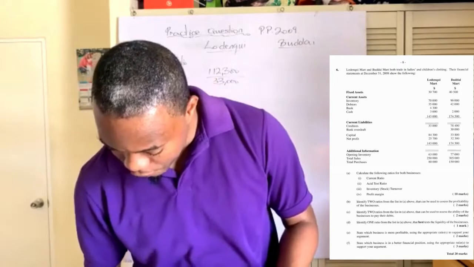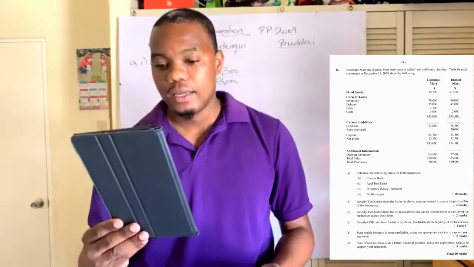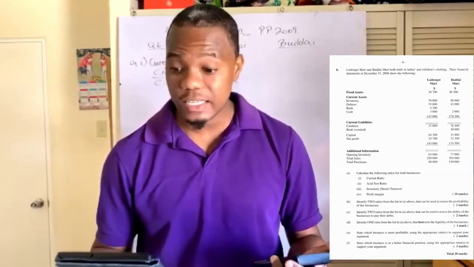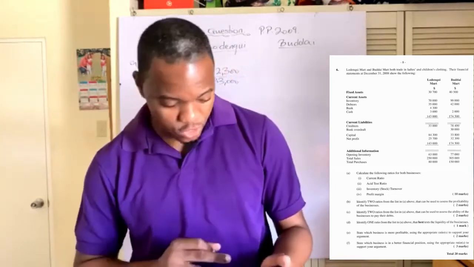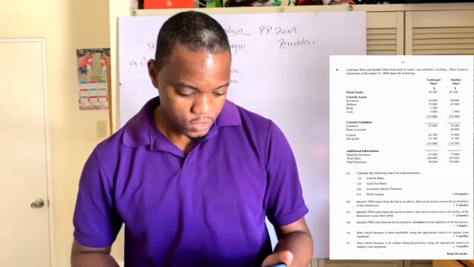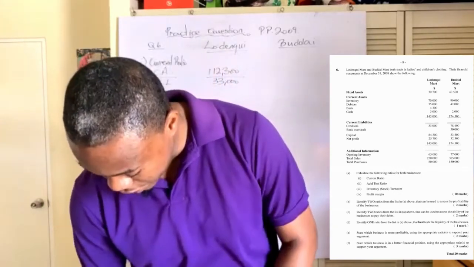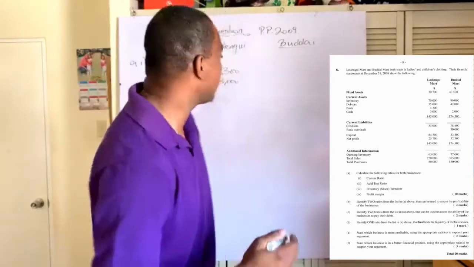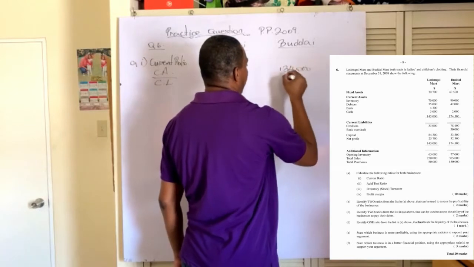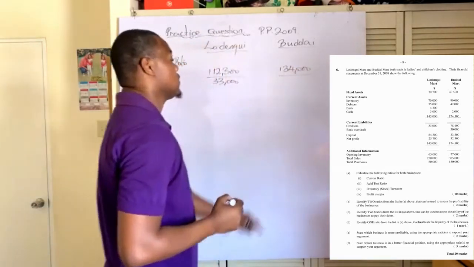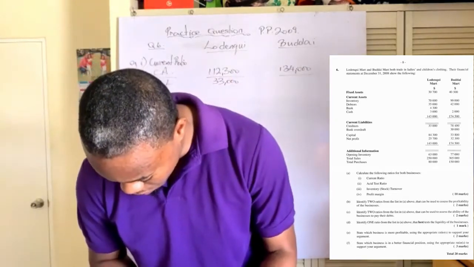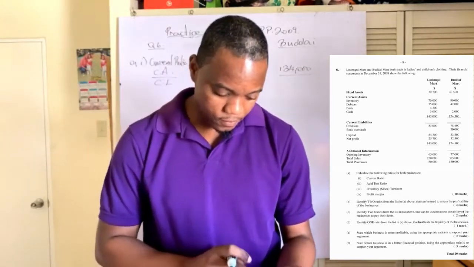His bank is not there because he has a bank overdraft, which is a liability. So plus 2,000, that's 134,000 for Budai's current assets, divided by his current liabilities, which are creditors of 78,400.